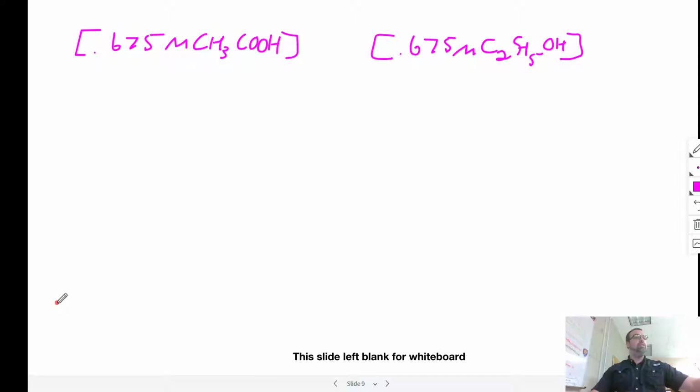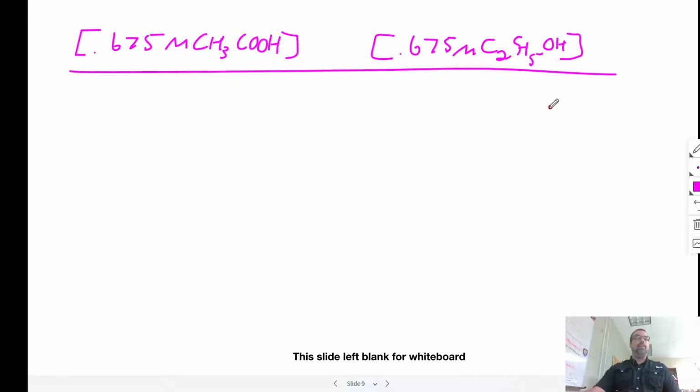The last one that we need to solve for in our equilibrium is the concentration of our original stuff, which is something that we did not measure, so they give us a little bit of help.